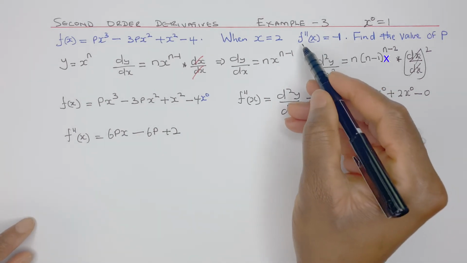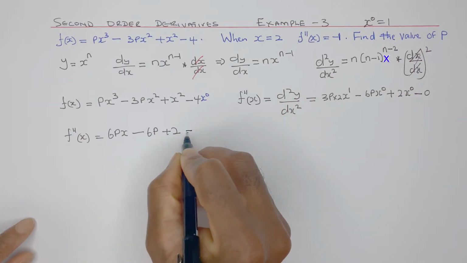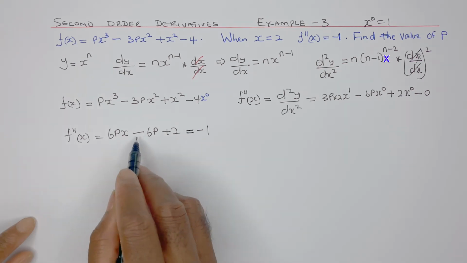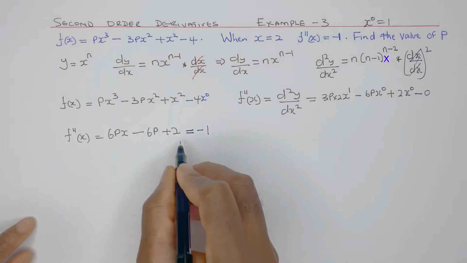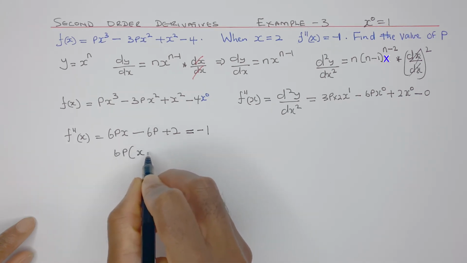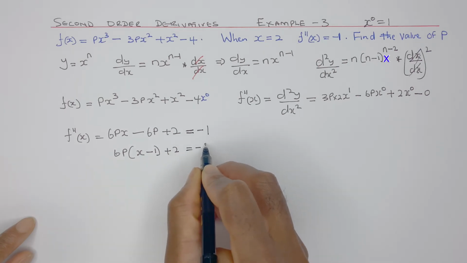And remember that f''(x) equals minus 1. So all that will be equal to minus 1. We know that 6p is common here, so we can take 6p out. 6p, open bracket, x minus 1, plus 2 equals minus 1.